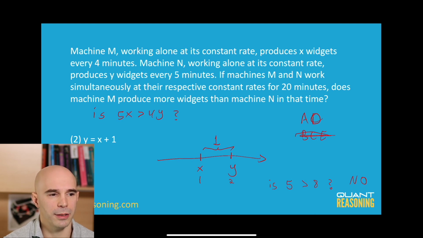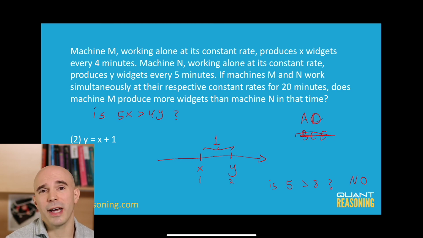Is that possible in the GMAT? No. The statements are not allowed to lie, therefore they can't contradict. So if statement 1 was sufficient to give a definitive yes, then statement 2 has to at least allow for the possibility of a yes. Otherwise, it's an illegal question or illegal statement.